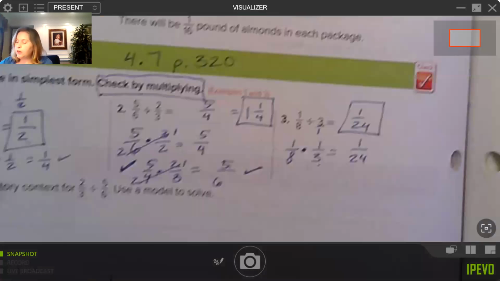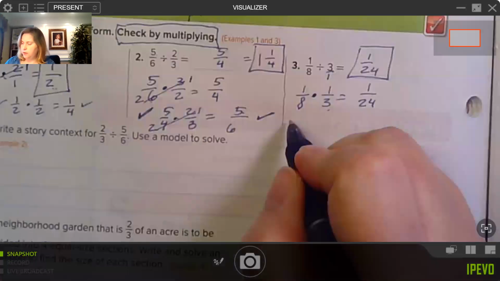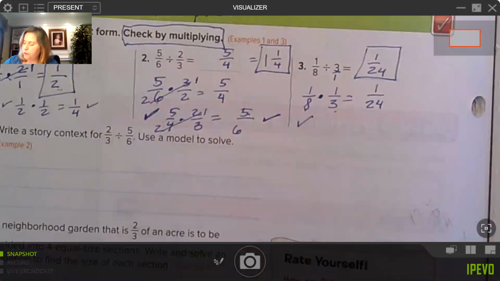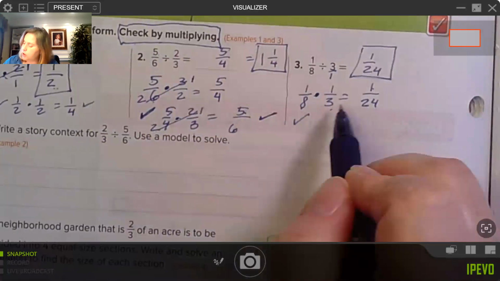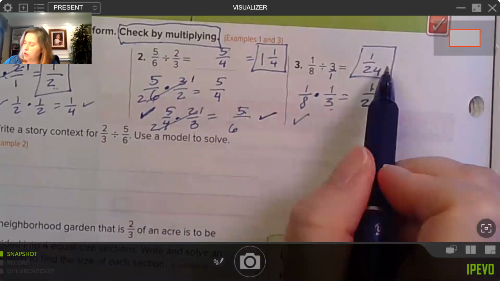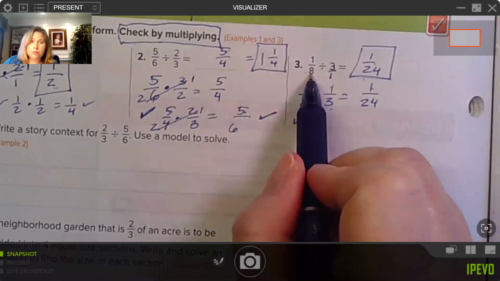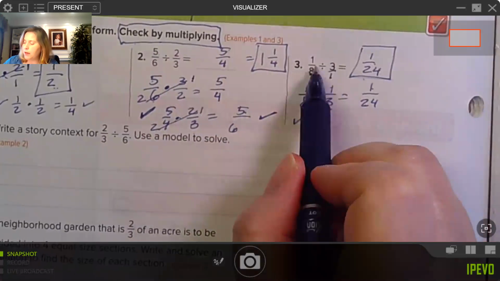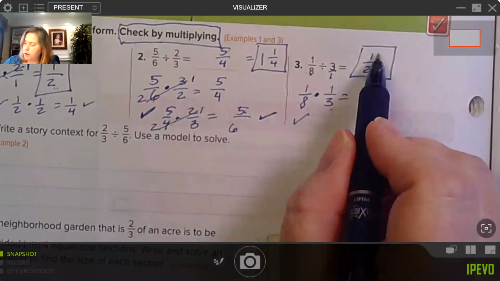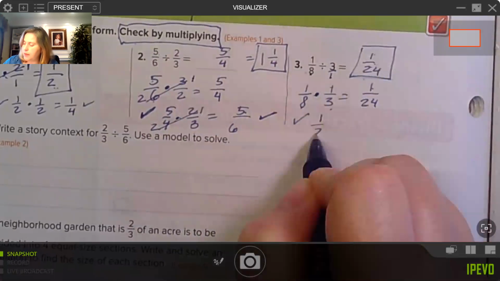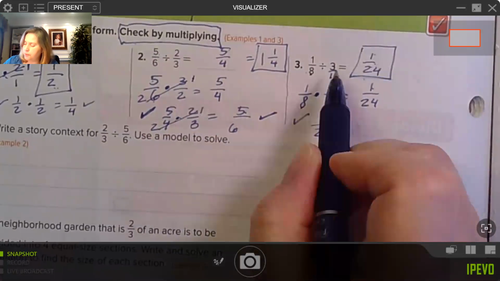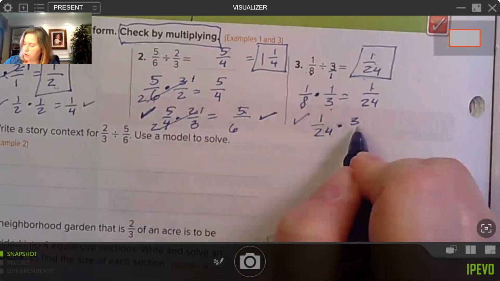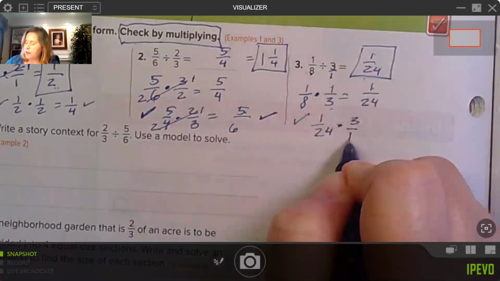Okay, so let's go ahead and do our check step. So 1/24 times 3 should give us our original starting amount, 1/8. So let's check. 1/24 times 3, which I'm going to write as 3 over 1, equals.